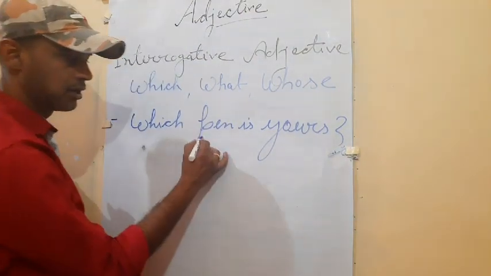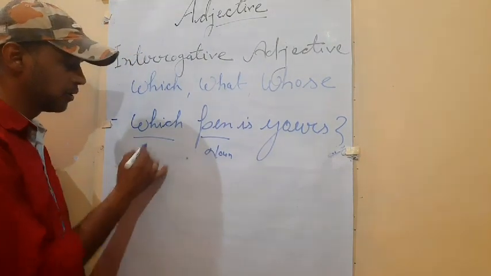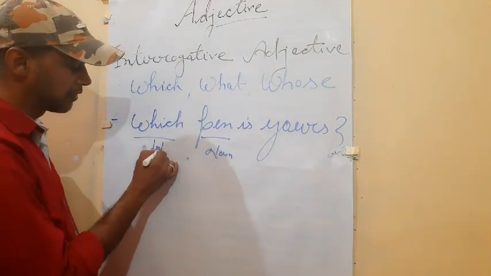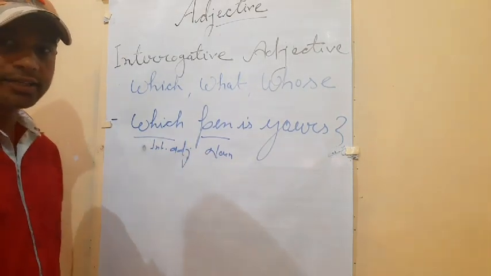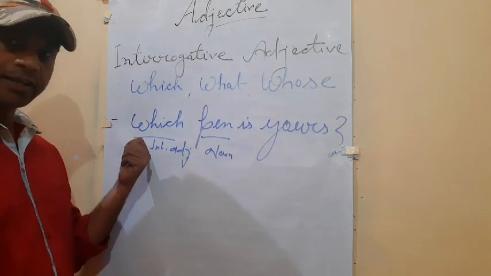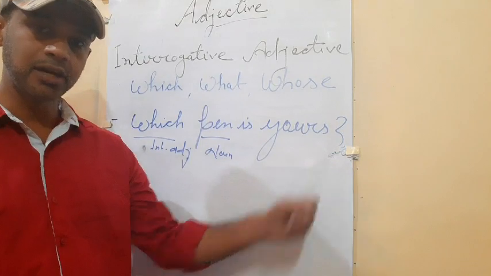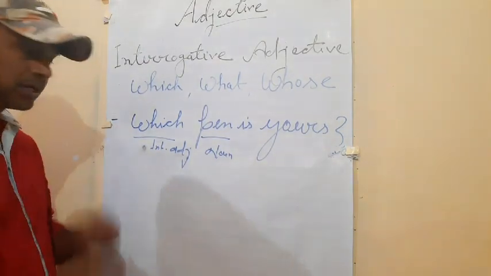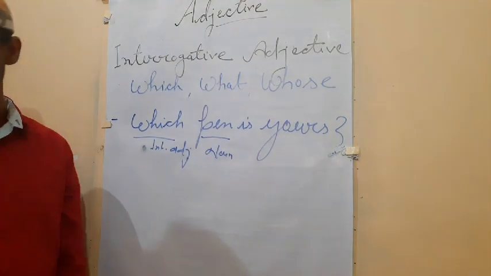See, pen is a noun. So this word will be known as an interrogative adjective. Got it? Pen is a noun, before the noun comes an interrogative word, the pure interrogative word, and at the end the sign of interrogation. Got it now?